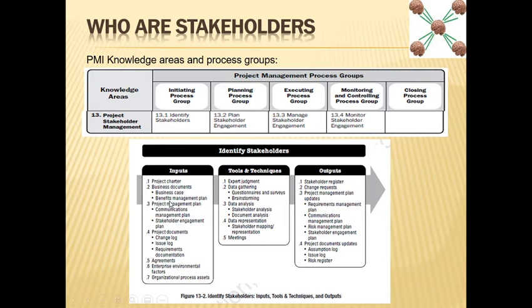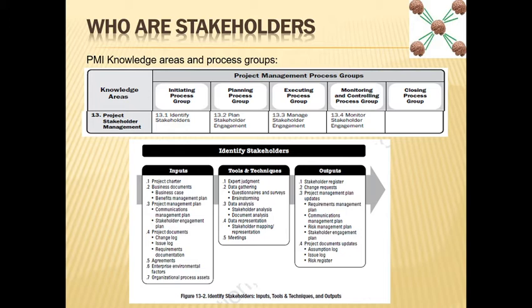As usual, for everything PMI gives us some inputs, some outputs, and some tools and techniques. If you want to identify stakeholders, your first input is the project charter, because the charter also identifies major stakeholders.